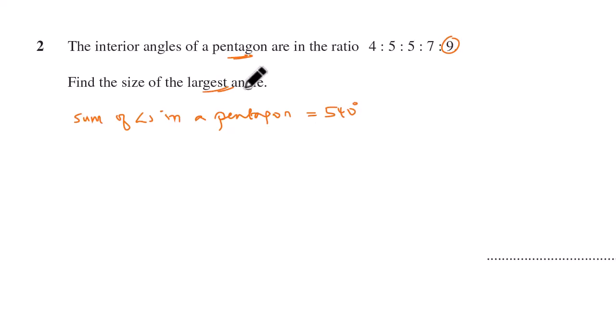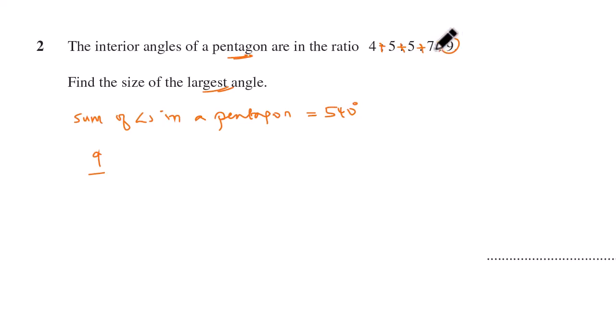So what they are basically telling you with this question, it's a 3-mark question, is simply to divide 540 in this ratio. You don't need to calculate for each and every one of the ratio. Just go straight to 9 and say 9 divided by, you would then need to add up each number in this ratio.